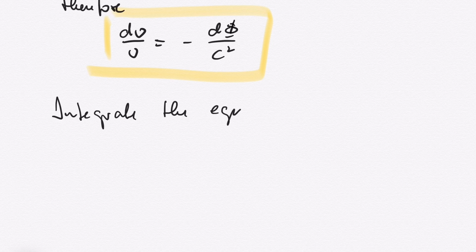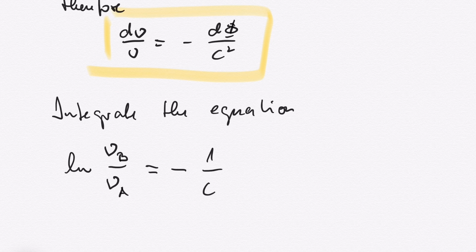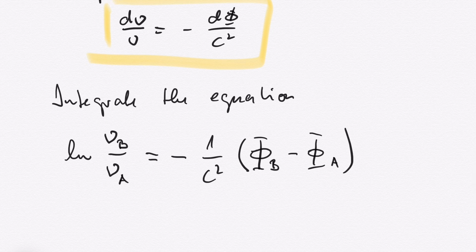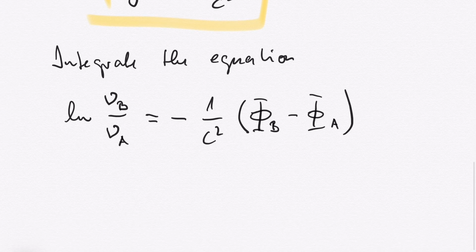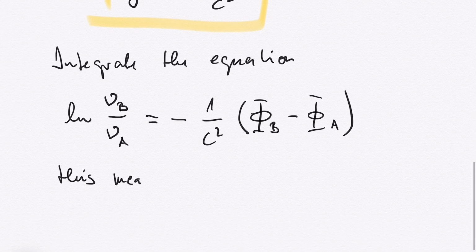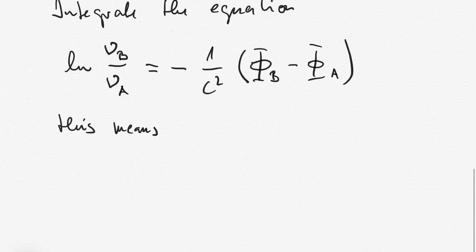Now this equation can be integrated, and we end up with an equation for the ratio of two frequencies for the photon at different places with different values of the gravitational potential. Now we can get rid of the logarithm and write the equation just for the ratio of the frequencies.